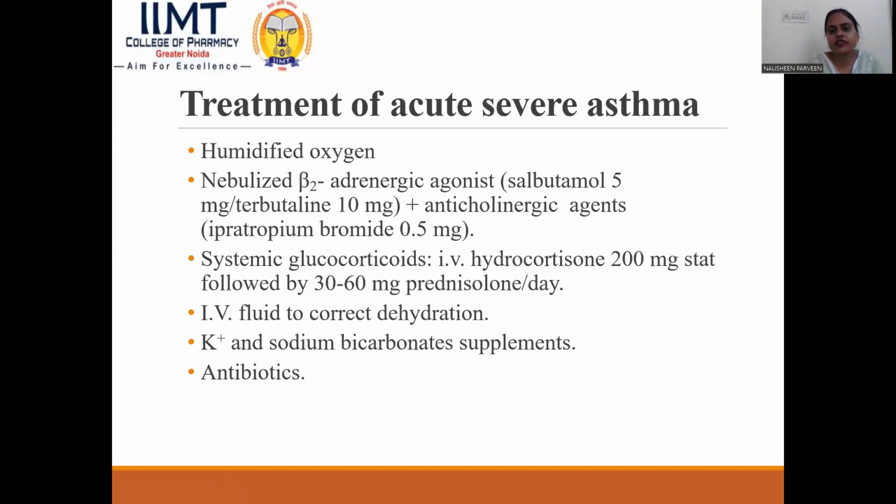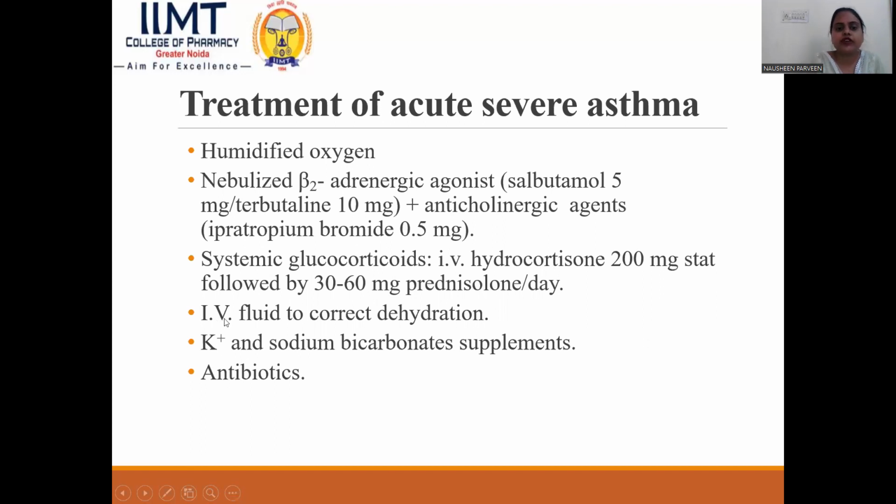Treatment of acute severe asthma: humidified oxygen; next, nebulizer, like a beta-2 adrenergic agonist, salmeterol. Next is an anticholinergic agent, may be given as a nebulizer. Next, systemic glucocorticoids like IV hydrocortisone may be given.